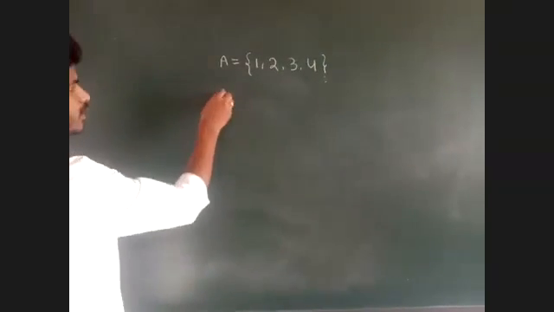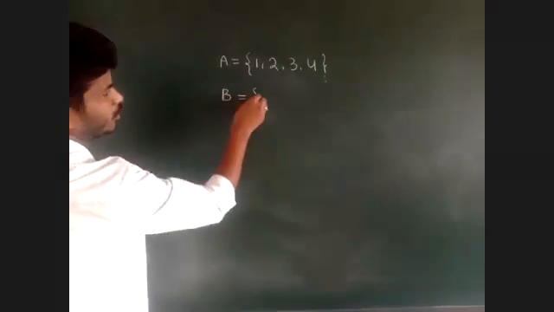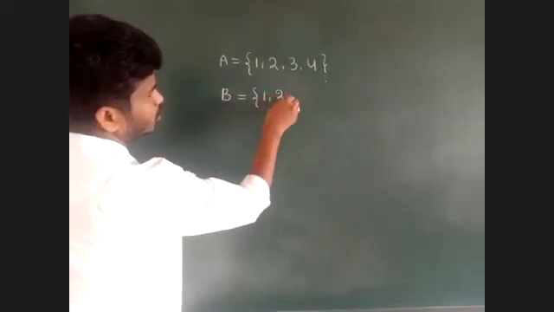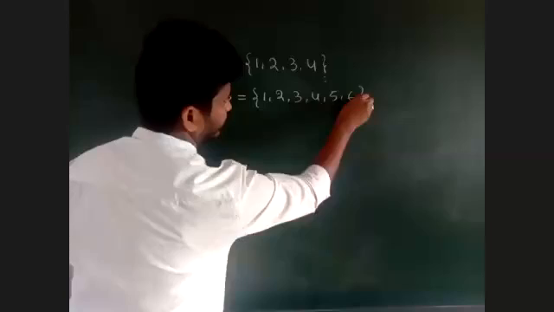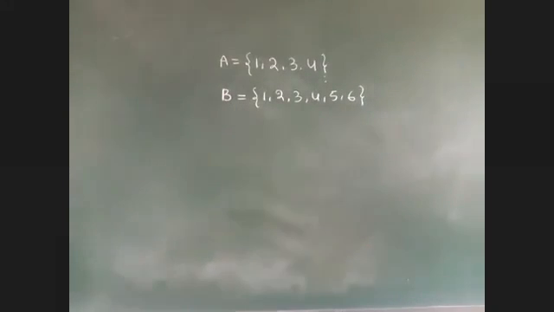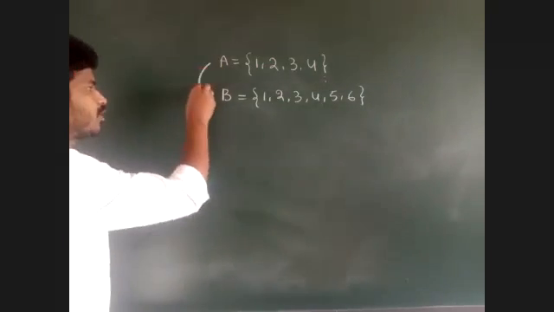Take another set B equal 1, 2, 3, 4, 5, 6. Then tell me, here, A is a subset of B or not? A is a subset of B, sir. Very good.